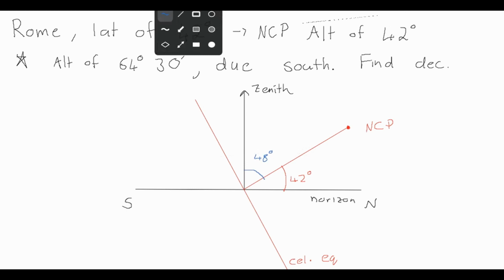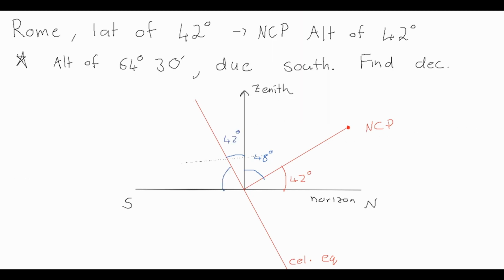Now we look at the 90-degree angle between the north celestial pole and the celestial equator. So using that, we can have a look at the angle between the zenith and the celestial equator. 90 minus 48, which is 42 degrees. Finally, we'll look at the angle between the celestial equator and the horizon. So this is 90 minus 42, which is 48 degrees.